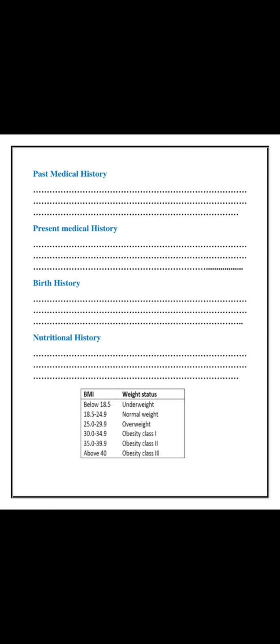And if 25 to 29.9, then the patient is overweight. If BMI is between 30 to 34.9, then obesity class 1. If BMI is 35 to 39.9, obesity class 2. And if BMI is above 40, then the patient comes under obesity class 3.